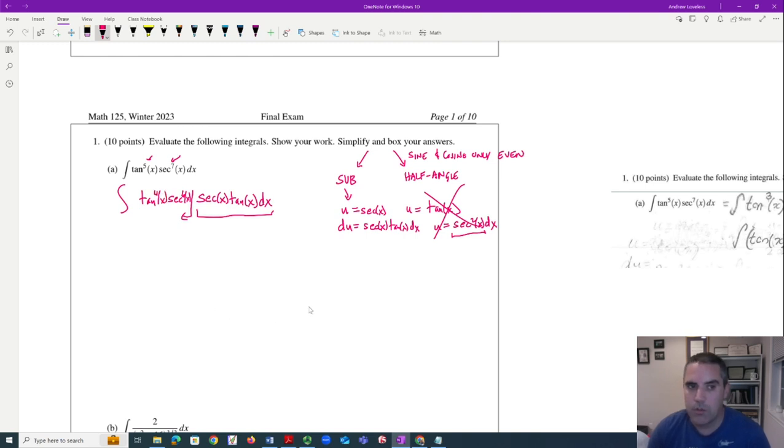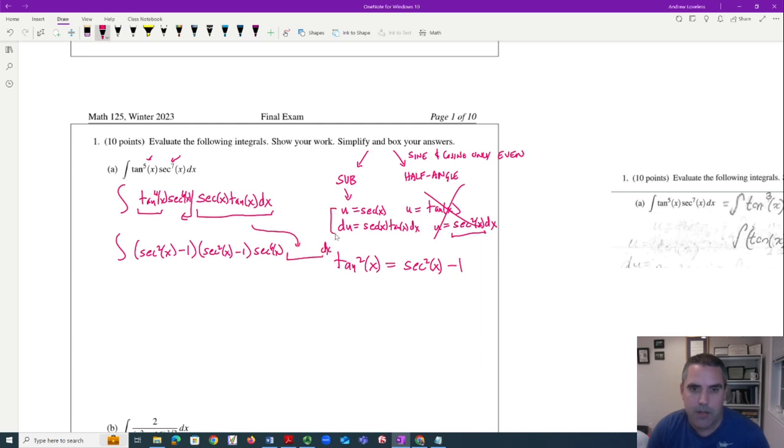So here's the challenge. What do we do with the tangent to the 4th? And that's what we have to remember: that tangent squared is secant squared minus 1. Now it's to the 4th, so there's tangent squared times tangent squared. So anyways, you're going to have a secant squared of x minus 1 squared, or however you want to write it, and a secant to the 6th of x, and then this thing.